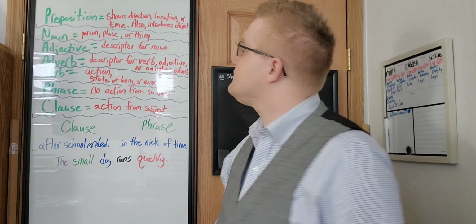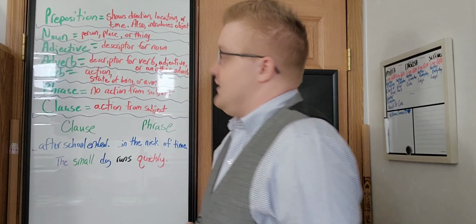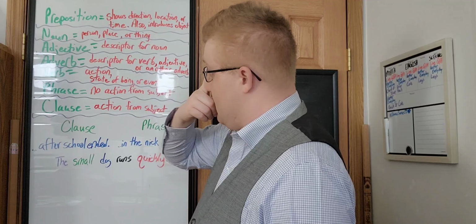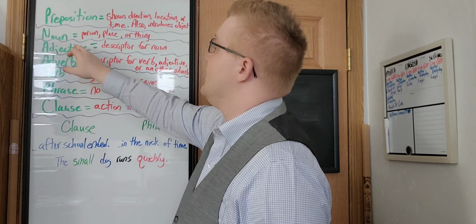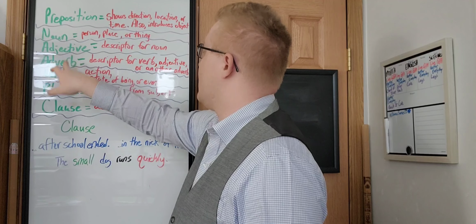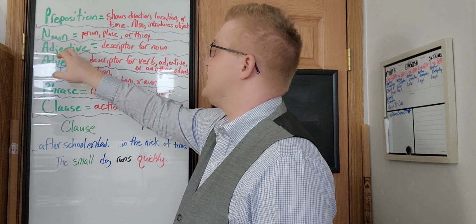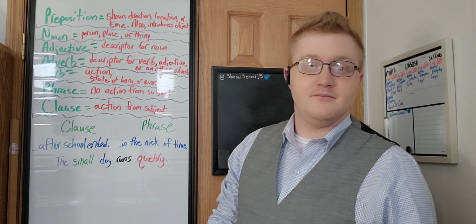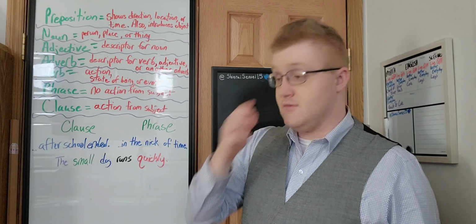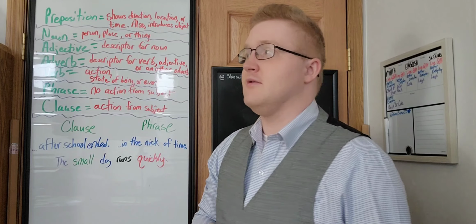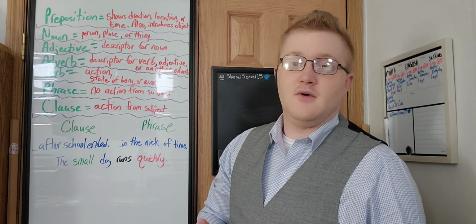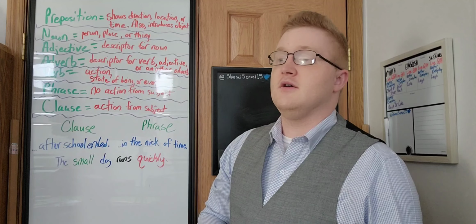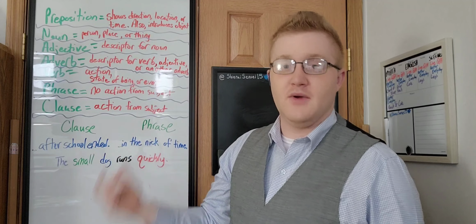Then you have an adverb, which can describe the verb, which we'll get to in a minute, the noun, the verb, an adjective, or another adverb. So an adverb could say, like, he runs quickly, or he speaks eloquently, right?